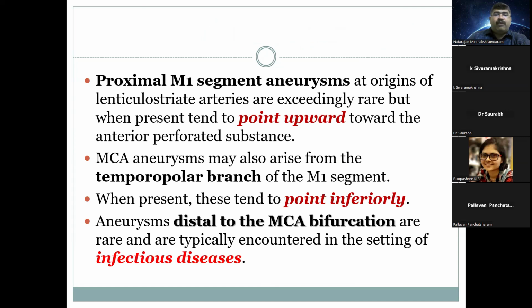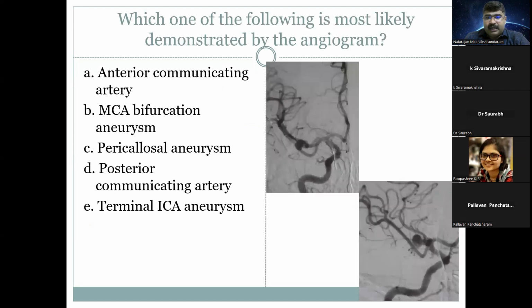So the proximal M1 segment aneurysms at the origins of the lenticulostriate arteries are exceedingly rare, but when present, they tend to point upward. See, there are 4 parts of the middle cerebral artery, which I will show you with illustrations now. The commonest site of origin of an aneurysm is at the bifurcation, because that is the point of maximum force that the vessel wall feels.